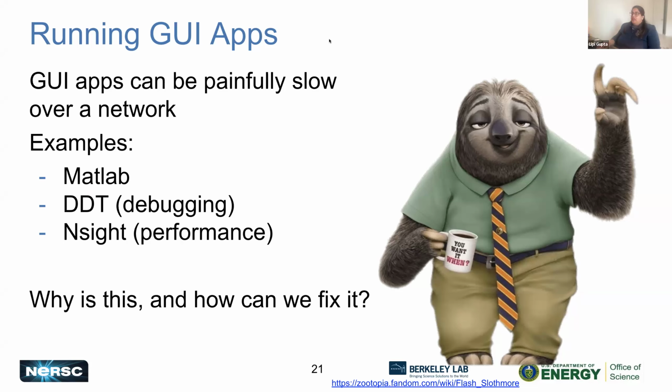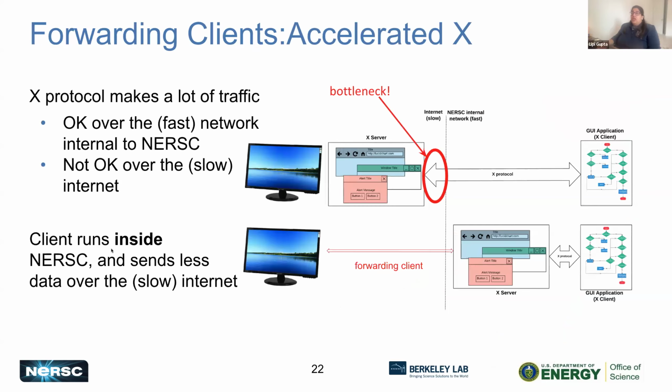If you're running a GUI application remotely, and I've done this, it can be so painfully slow that it's basically not worth running. But we have a lot of MATLAB users. We have people who need to use Nsight because they're doing performance optimization on our system. So there has to be a way to run these, and we have a solution.